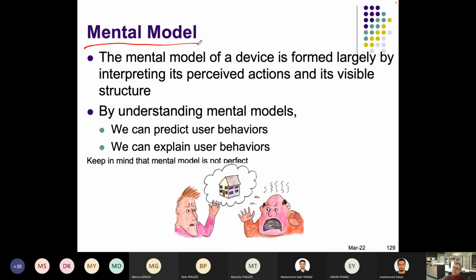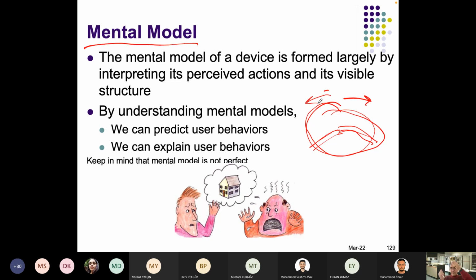One of the interesting mental models is the wheel of the car. If you turn the wheel to the right, the car goes to the right. If you turn the wheel to the left, the car goes to the left.